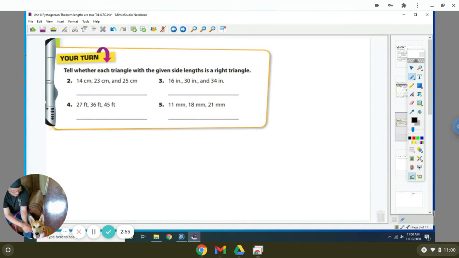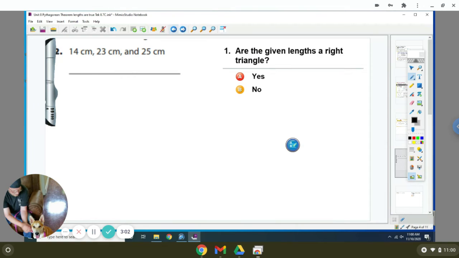I want you to pause the video and try 2, 3, 4, and 5. So for 2, you're going to do 14 squared plus 23 squared equals 25 squared. 14 squared is 196 plus 23 squared is 529.